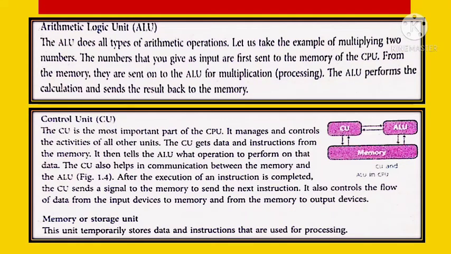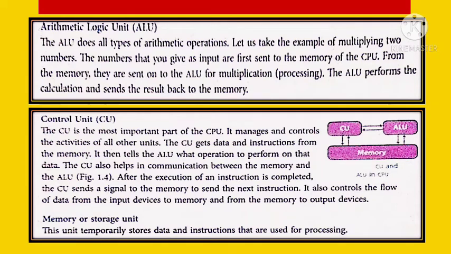It controls the flow of data. ये data के flow को control करता है from the input devices, जो भी data input devices से लिया जाता है, to the memory and then from the memory to the output devices. So control unit, ALU and memory work together for the processing of data.